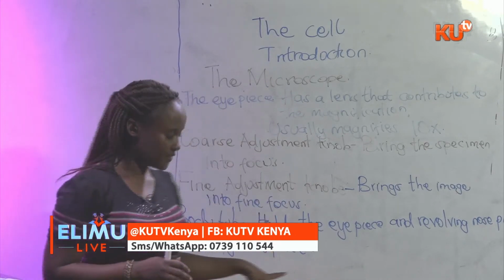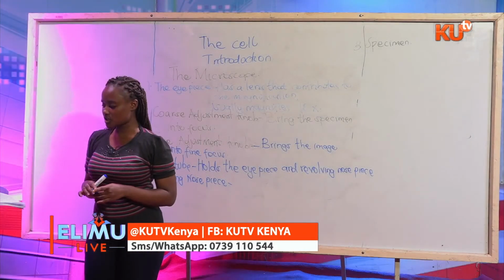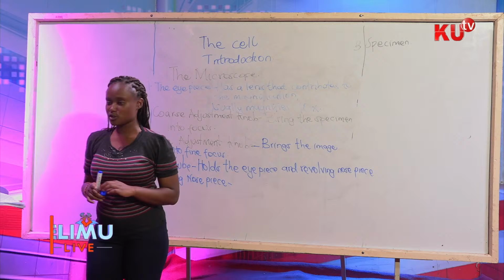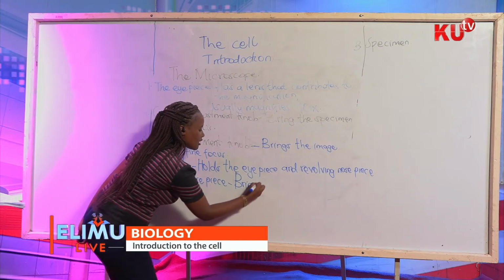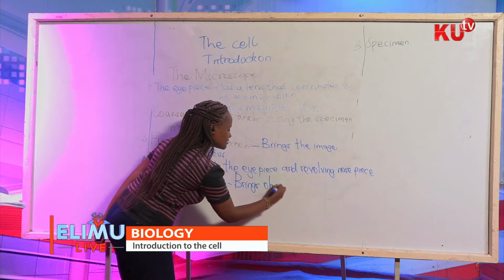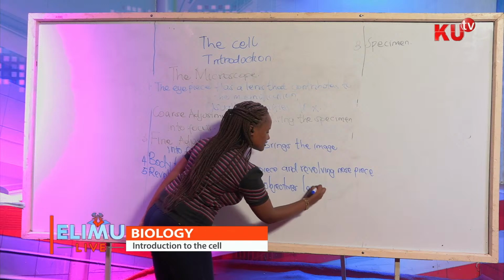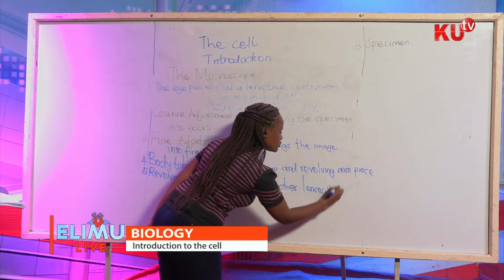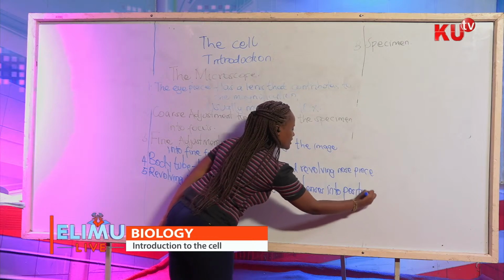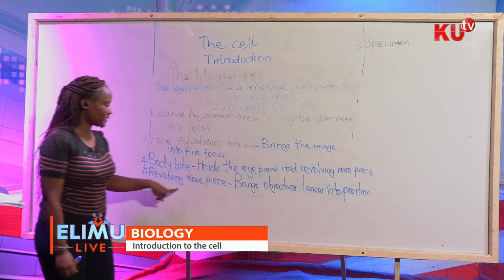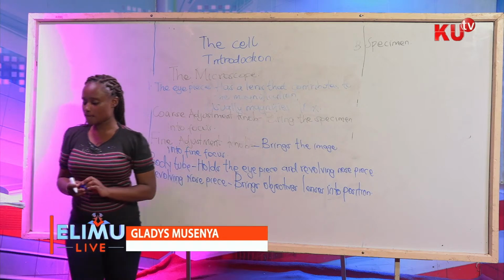So the work of the revolving nose piece is to bring the objective lenses into position. Revolving nose piece brings objective lenses into position.